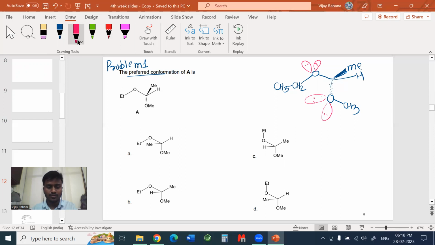So if we look at these four options, option A, B, C, and D, right? In the first conformation, these lone pairs of electrons will be here.